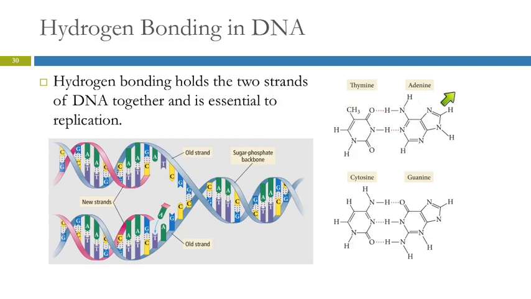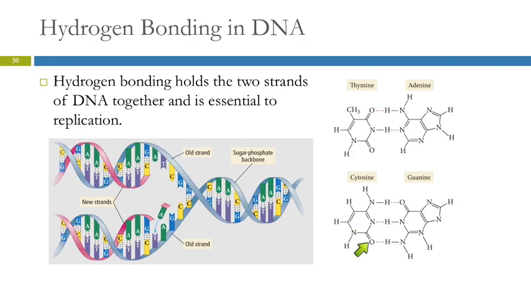Thymine and adenine have a geometry and a structure such that they can engage in 2 hydrogen bonds with each other. So here we have nitrogen bonded to hydrogen. Here we have nitrogen bonded to hydrogen. That's what you need for hydrogen bonding. So this hydrogen will hydrogen bond with a neighboring nitrogen, and this hydrogen bonds with a neighboring oxygen. So that forms 2 hydrogen bonds.